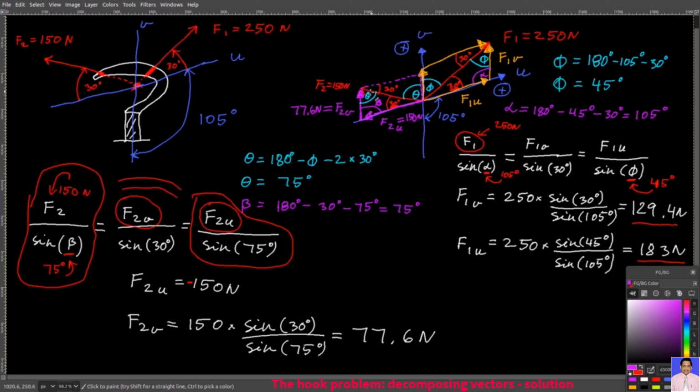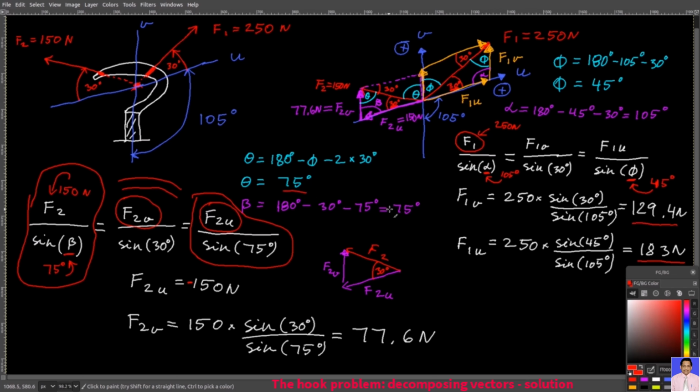And one more comment. Actually, if you think about it, then it makes sense that F2U equals F2. If you look at this triangle here, where this is F2, and this is F2U, and then here you have F2V, then you know that here you had 30 degrees, but then theta and beta, they were equal to each other.